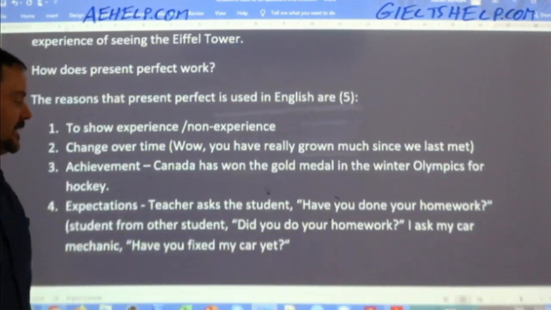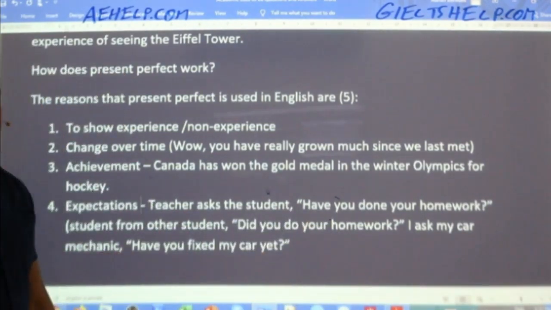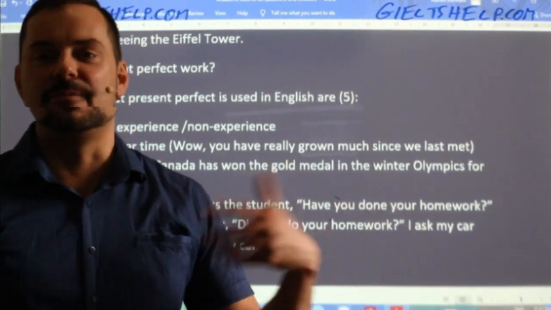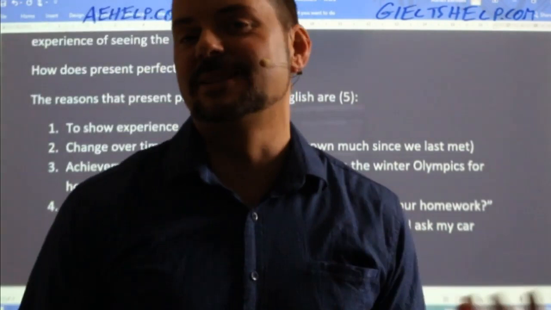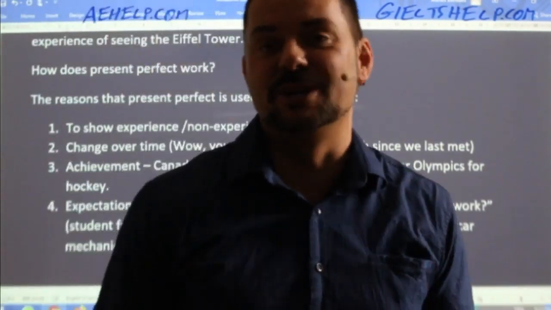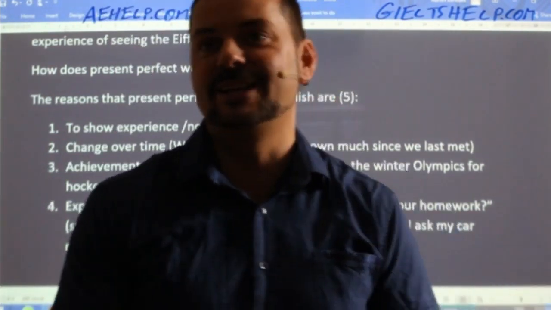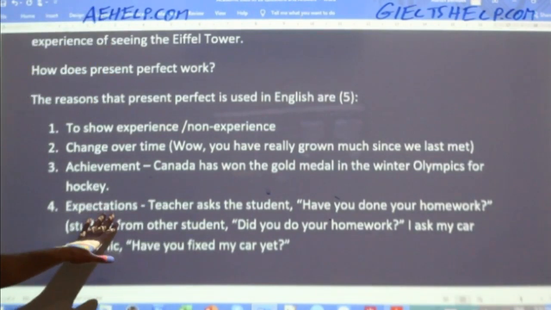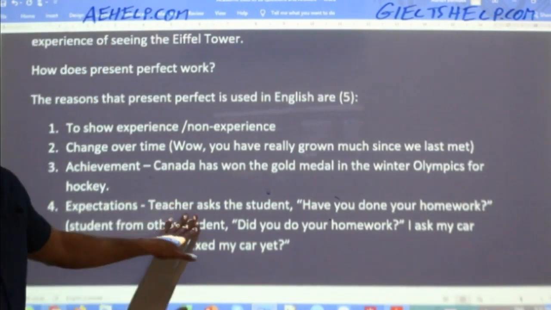You expect your mechanic to fix the car on time, right? If you're just asking your friend, you don't expect them to finish their homework. They either did it or they didn't. You maybe just want to know because you're comparing to yourself, right? So here you're showing your expectation of a person using the present perfect.